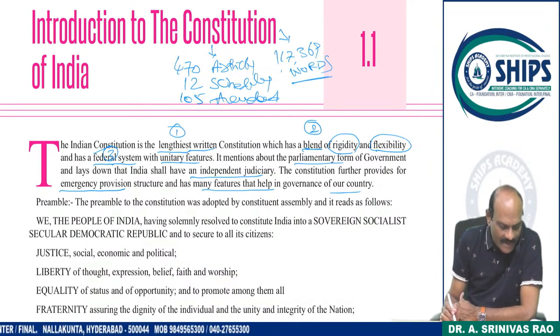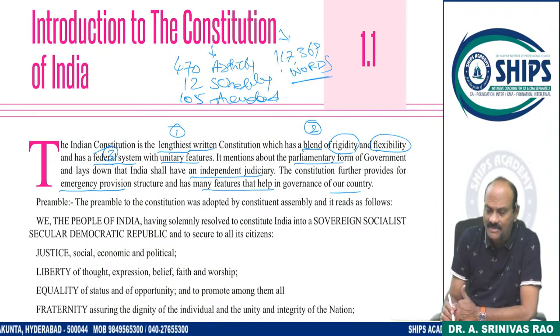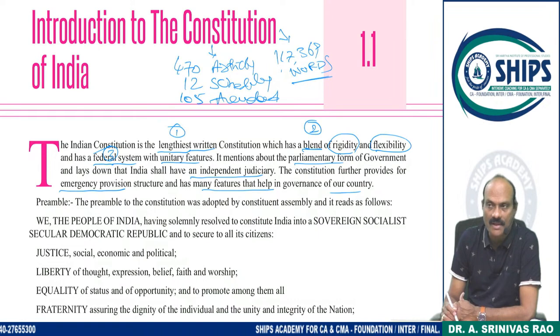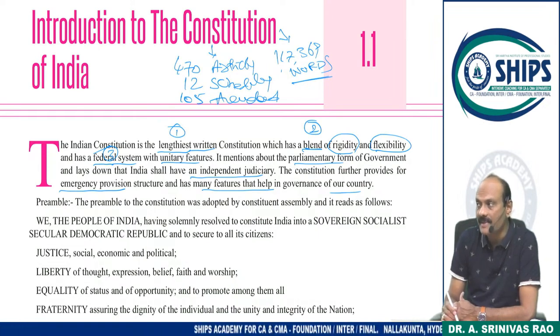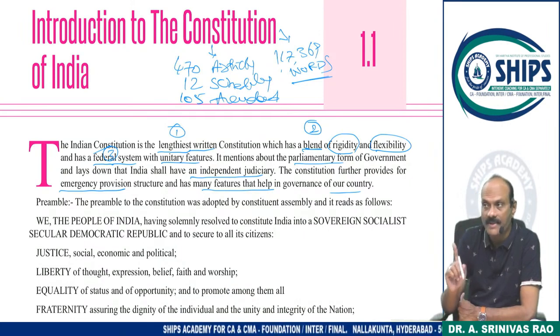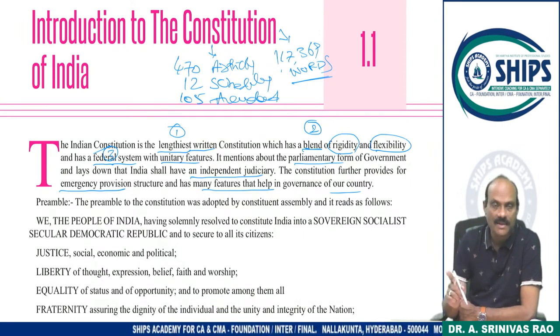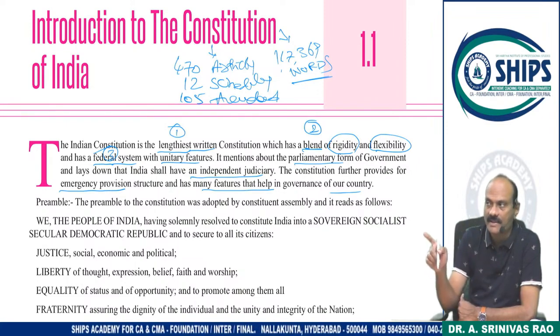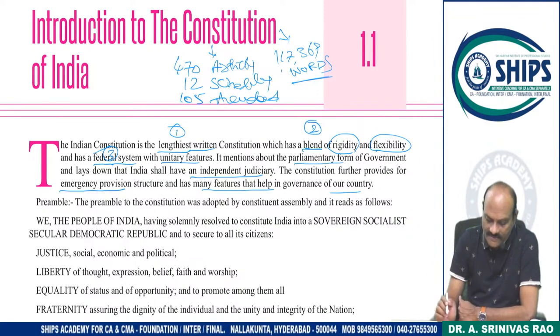Fine. And it has unitary features. At the same time, it is mentioned as a parliamentary form of government. Parliamentary form means democracy, where members are elected by the public. And it lays down that India shall have an independent judiciary. No one is over and above the law. Nobody can influence judicial matters. It is an independent judiciary system. Even the policy makers cannot interfere with the administration of justice.